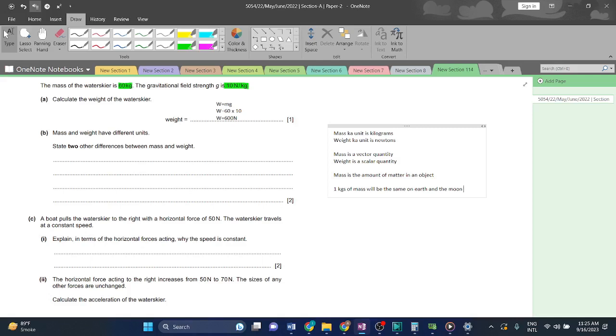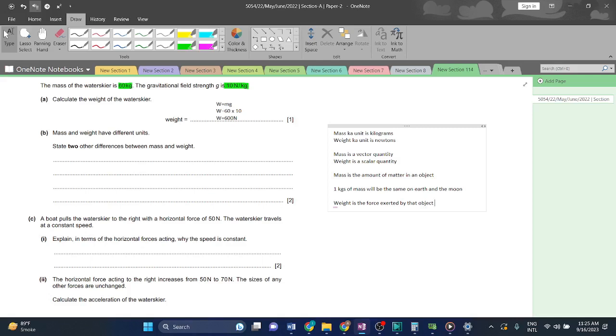On the other hand, weight is the force exerted by that object. For example, the phone in my hand exerts a force in the downward direction, which is the gravitational pull. So that is a force. The weight exerts a force, and it will be measured in newtons.